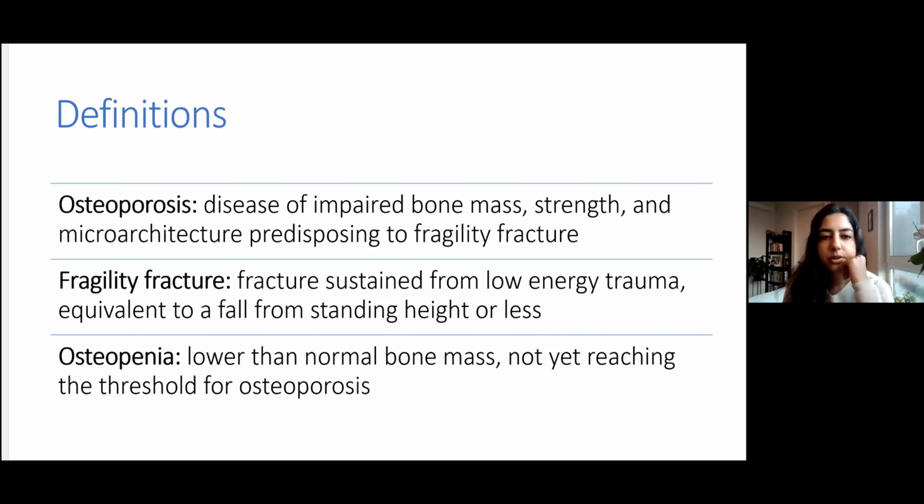So in terms of formal definitions of osteoporosis and other relevant terms, osteoporosis is a disease of impaired bone mass and bone strength, the bone microarchitecture that predisposes to fragility fractures. Notice that osteoporosis isn't just defined by low bone mineral density, which is what we clinically seem to associate it with the most.